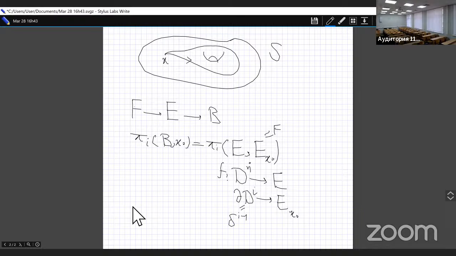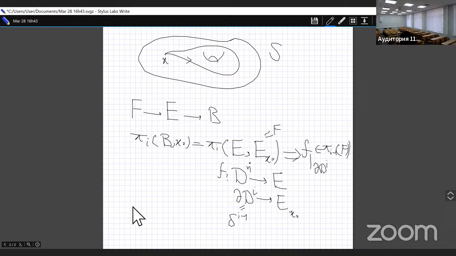So we get a map, just the restriction to the boundary, in pi i minus 1. This is how we construct the boundary map.